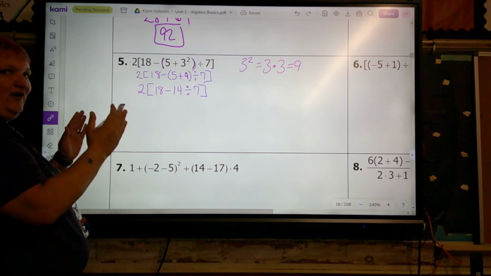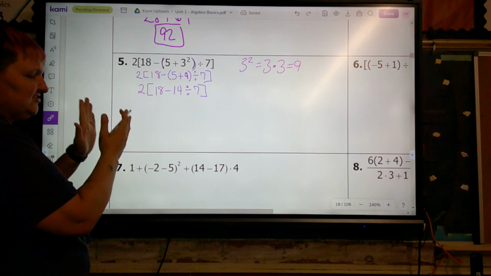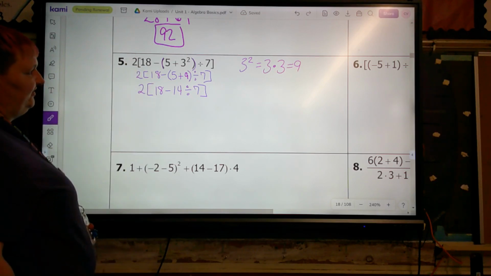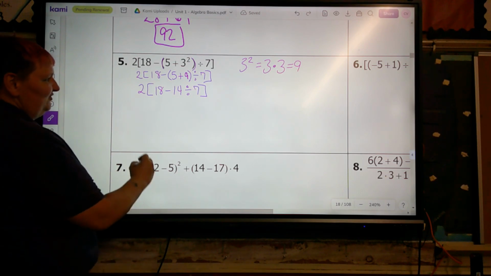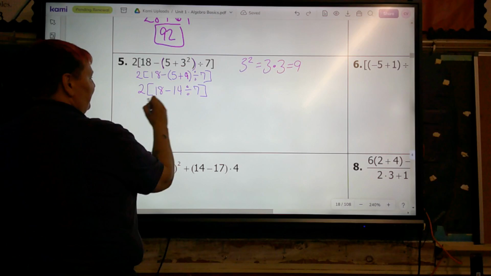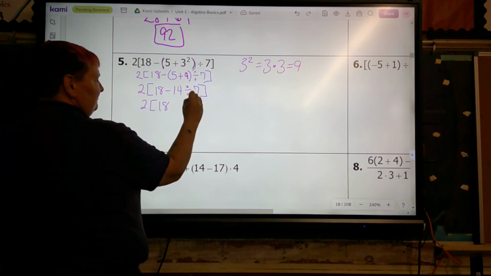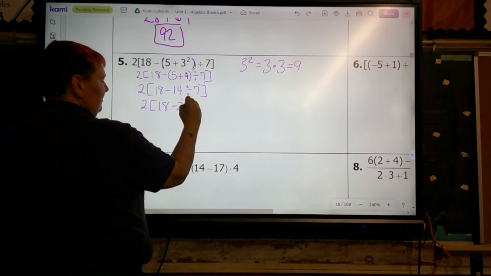You'll notice if you follow the pattern one step at a time, it slowly gets smaller and turns into an upside down pyramid. It's a beautiful thing. Alright, division inside the bracket. 2, bracket, 18, negative 14 divided by 7 is negative 2, bracket.